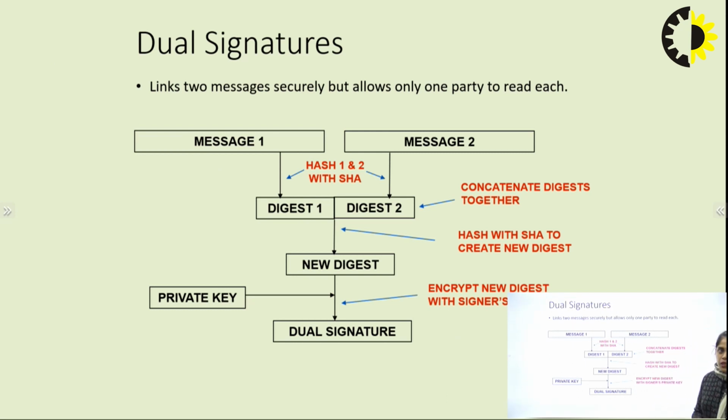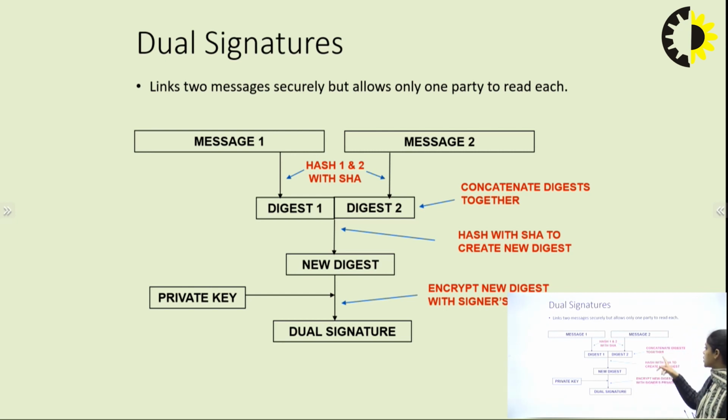Next is dual signature. It links the two messages securely but allows only one party to read each. Message 1, message 2, two messages are there. In between you can see hash 1 and 2 with SHA written for both. Here we have digest 1 and digest 2, meaning message digest codes.